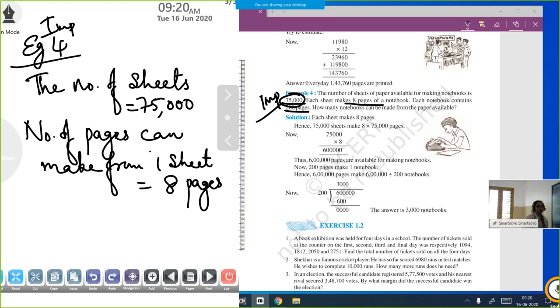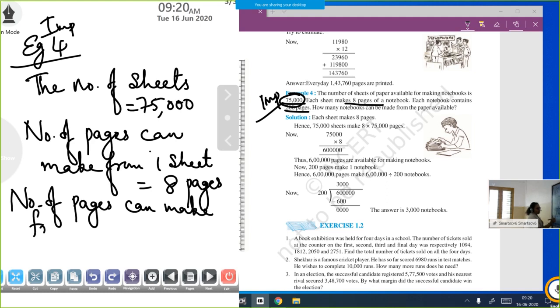There are 75,000 sheets. From one sheet, how many pages can we make? 8 pages. Then the number of pages we can make from 75,000 sheets.